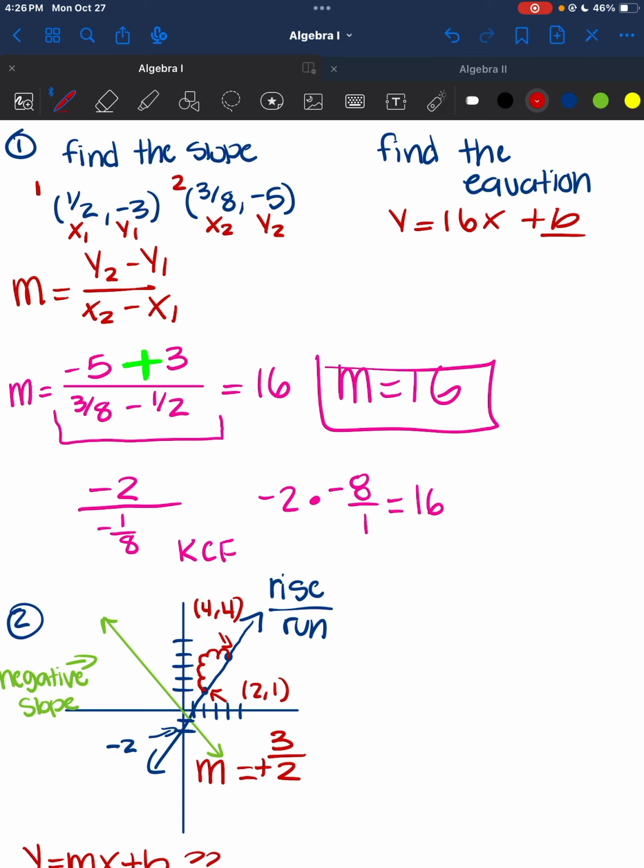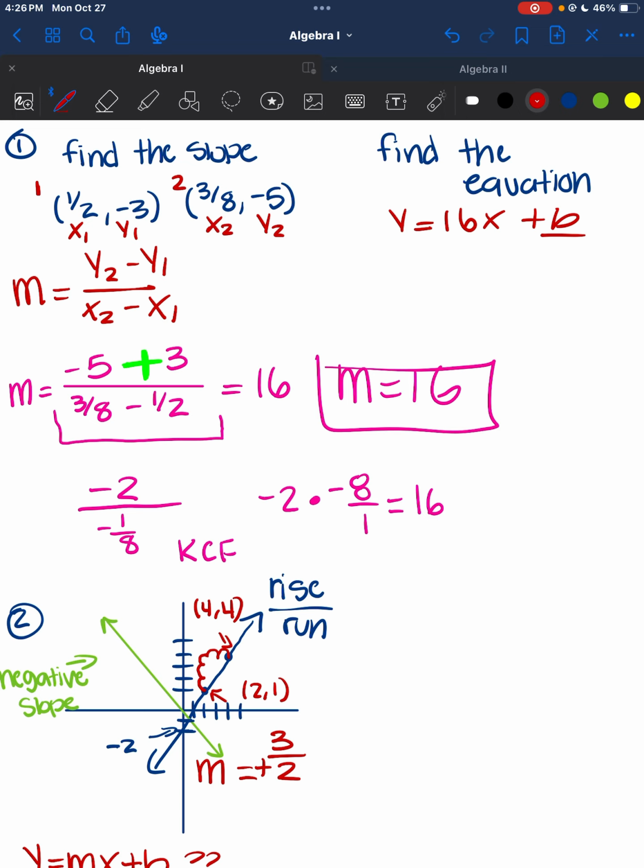And I don't know what my b is. No idea what my b is. One, you could plot this on a graph and then find where it intersects with one of these points. Or you can use the information they already gave you and solve for b.